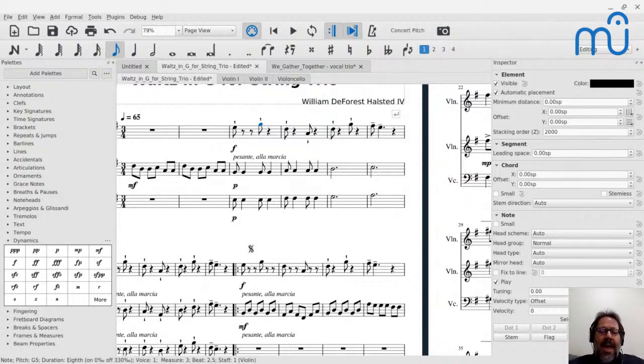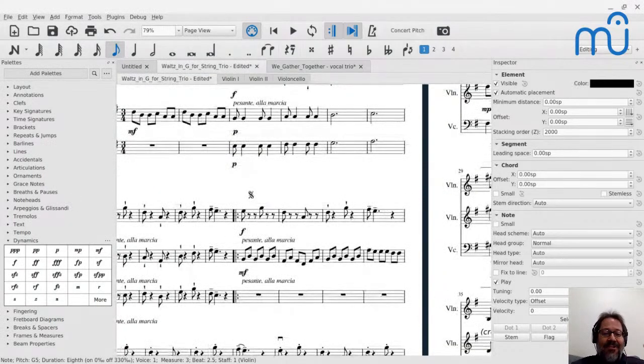So let me take a step back here, and again, remember the three basic textures that I'm talking about.